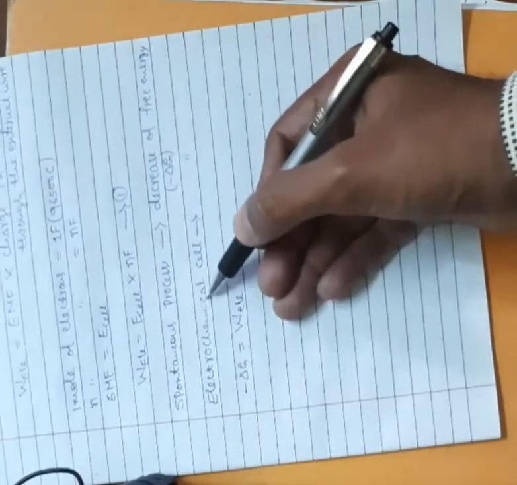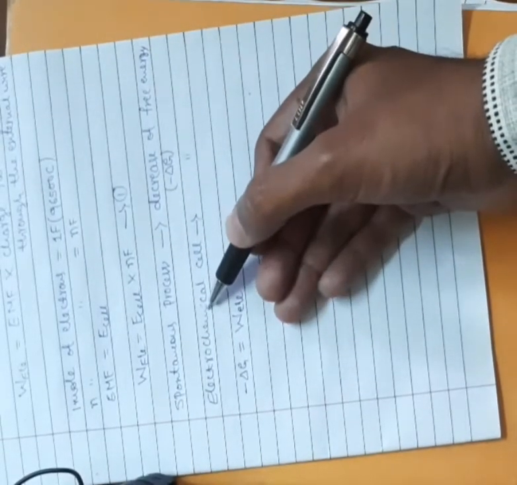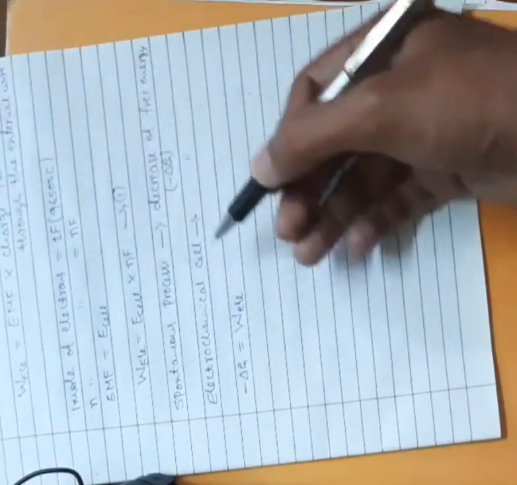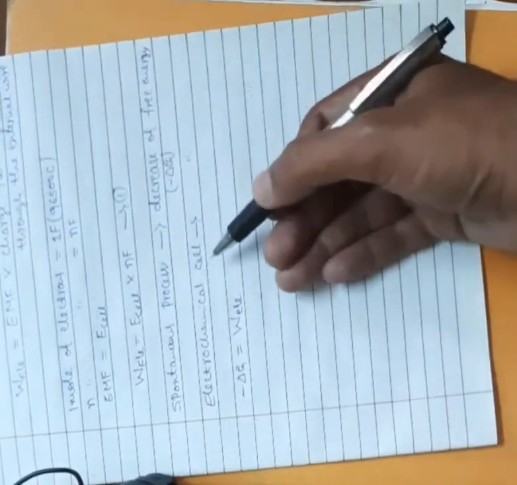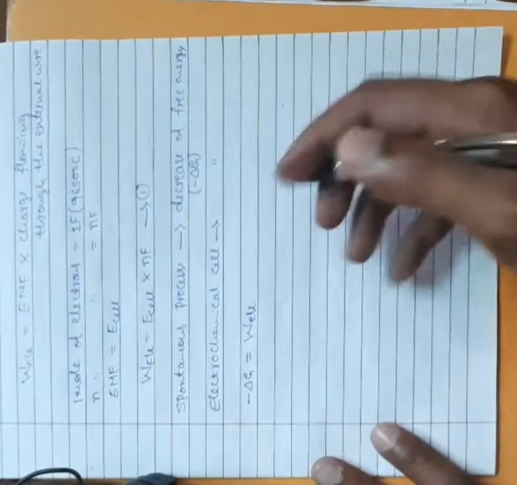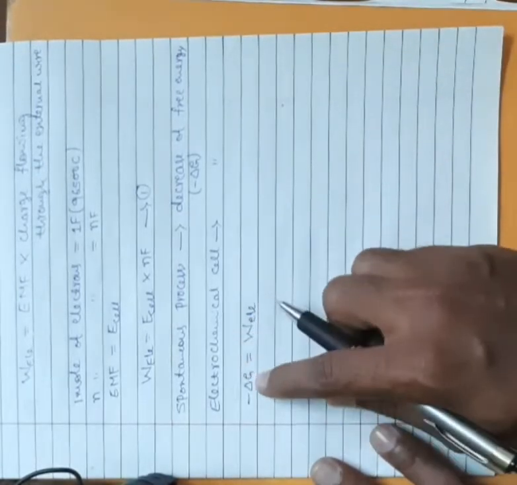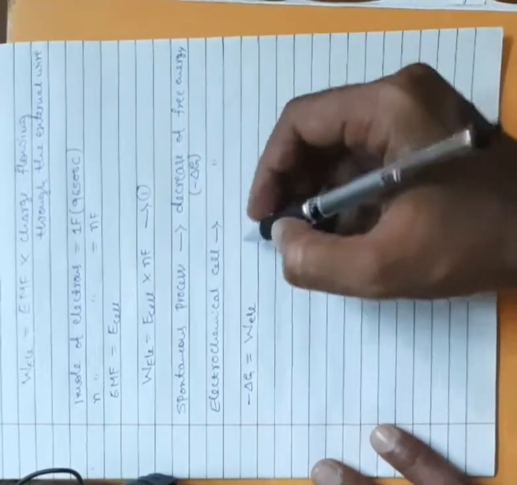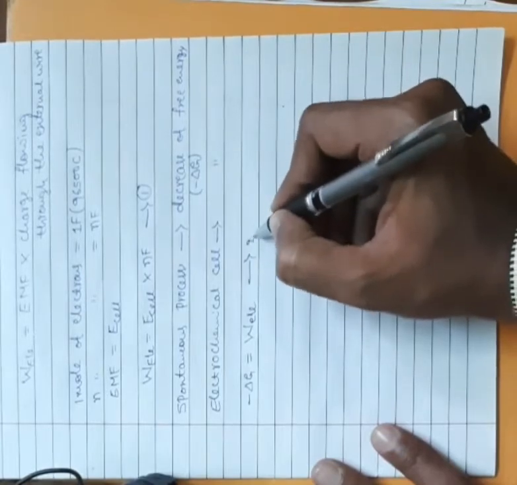Because it is used for different kinds of work, in this case also the electrical work is equal to the decrease of free energy. Call this equation number 2.